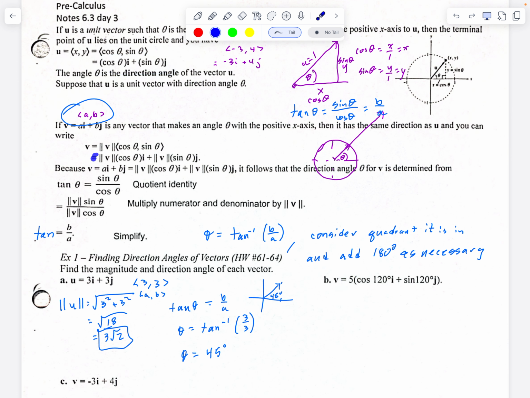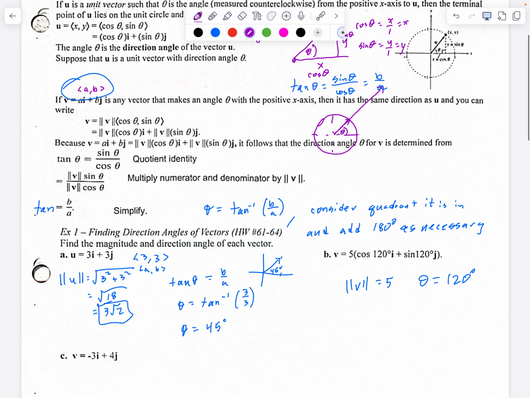And then you've got this magnitude on the outside. So if you look at that, the magnitude is just 5, and theta is 120 degrees. It gives you the magnitude and the angle, just like that. Now we can go through the motions and check it.